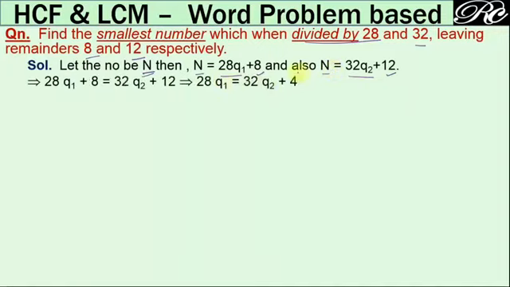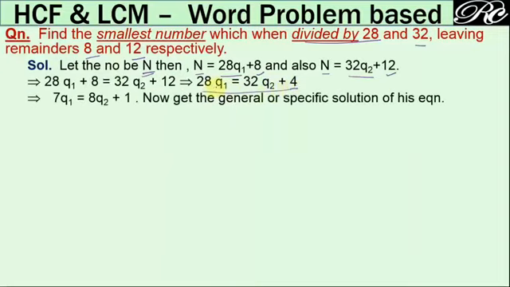For that, we shall bring the relation between q1 and q2, then find a general solution or even a specific solution. So equating for n, we get 28 q1 equals 32 q2 plus 4. This is the relation between q1 and q2. Here 4 is common, so this can be simplified. Now we have to choose q1 and q2 such that this equation is satisfied.